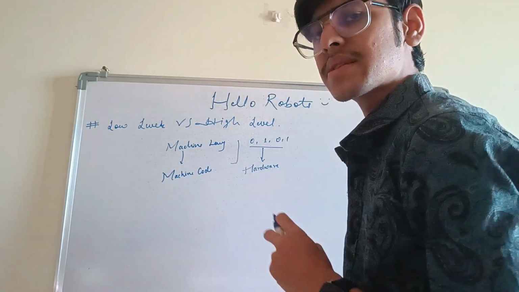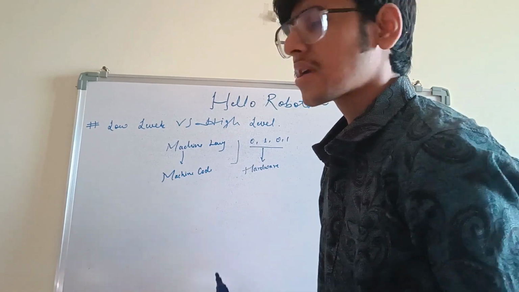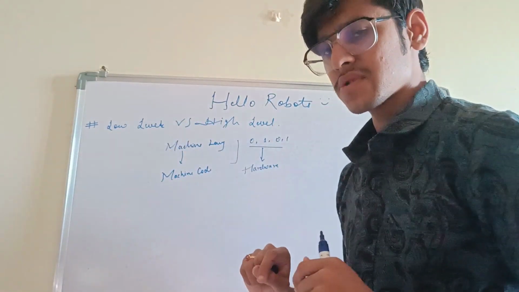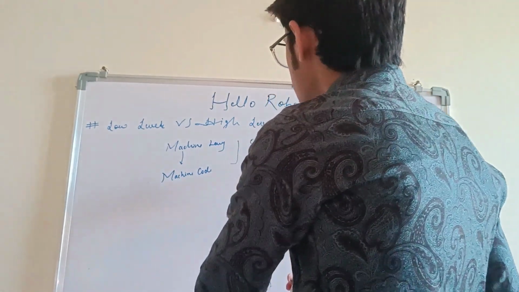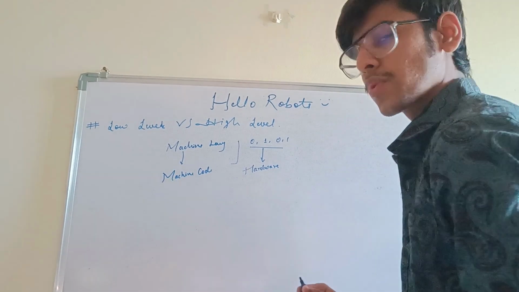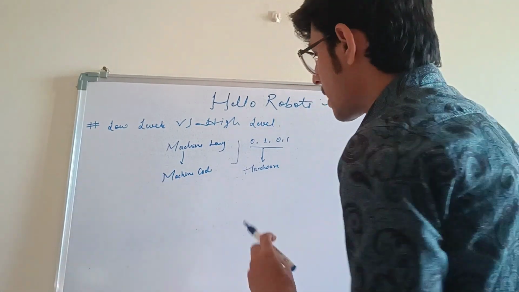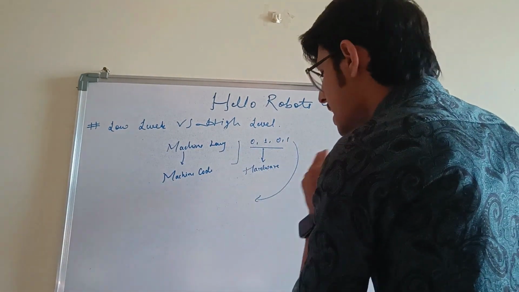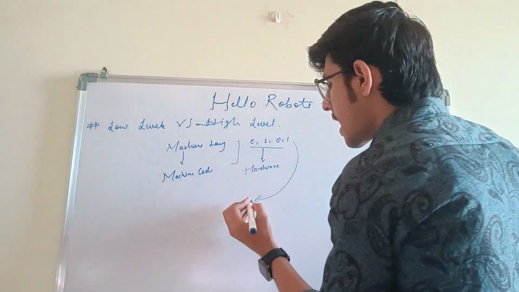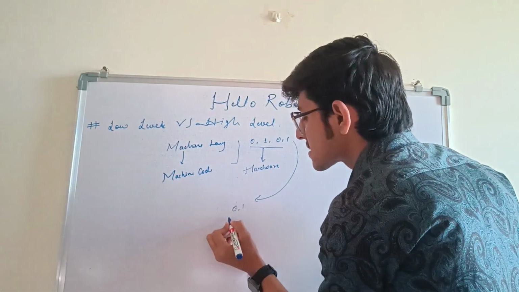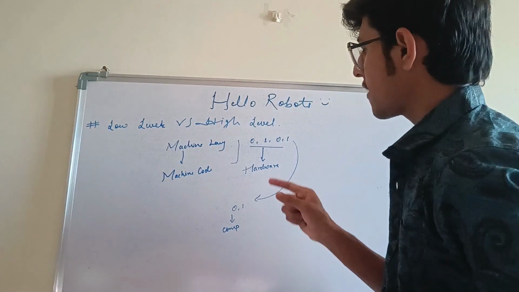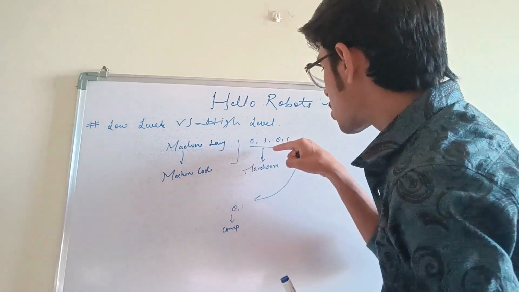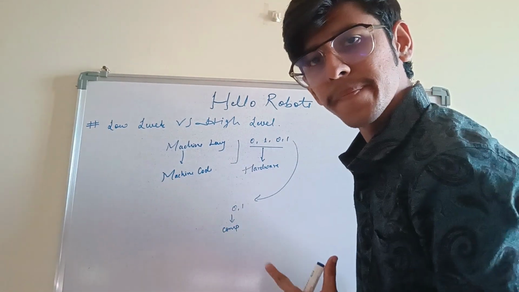Now let's understand some advantages and disadvantages of both level languages. The benefit of low-level language is we don't need to convert to any form. Why? Because as we understood in the last video, zeros and ones can be understood by the computer. So if the computer can understand this code directly, why do we need to convert it?